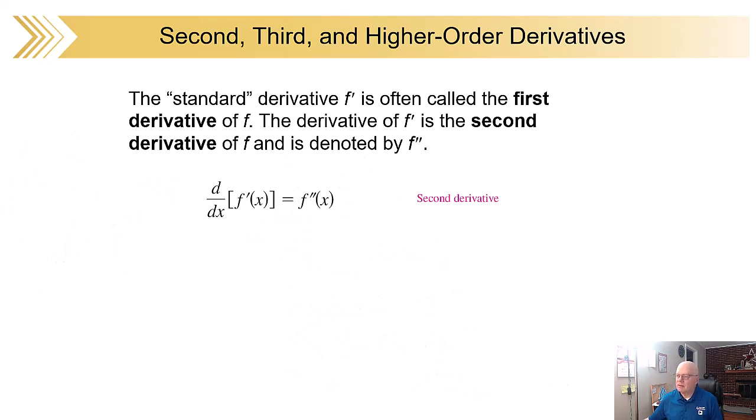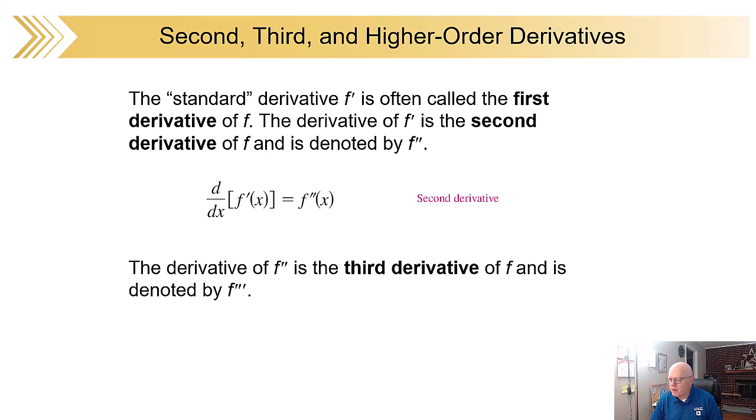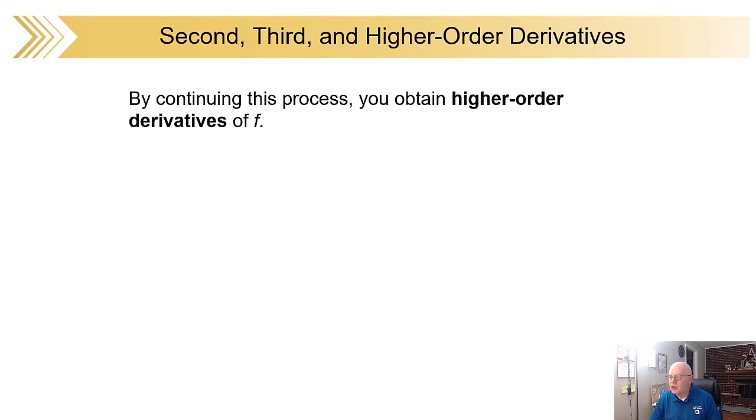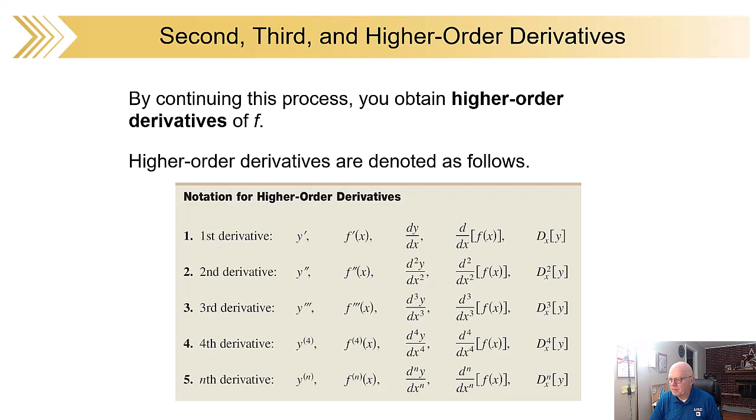Erasing. There we go. There's the second derivative. Third derivative, 3 accent marks, 3 apostrophes. You can continue that process as far as you need to and get higher order derivatives. And that's what they look like.